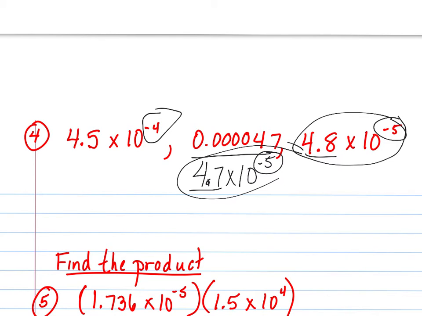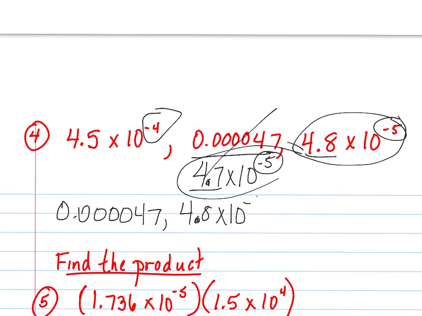Yep, so this is the smallest number. We're going to write 0.000047. That's the smallest. Then the next smallest is 4.8 times 10 to the -5th, and therefore the largest number on here is 4.5 times 10 to the -4th.